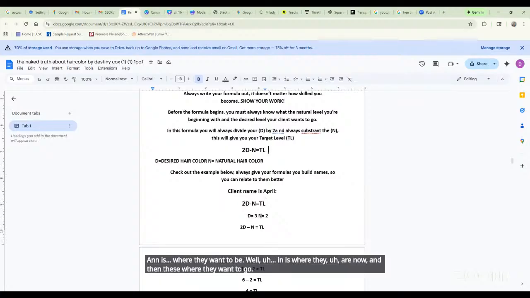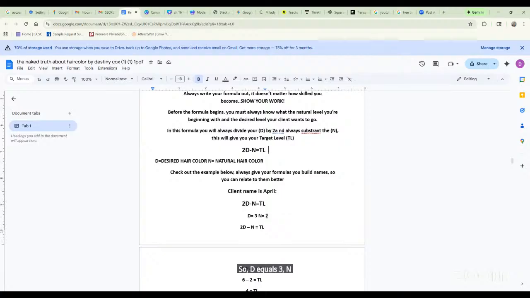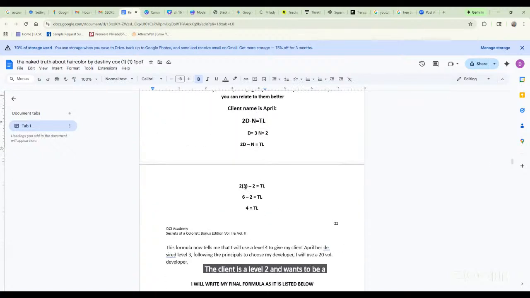So D equals 3, N equals 2. So the client is a level 2 and wants to be a level 3. 2D, so 2 times 3 is 6. Bring down your N, 2. 2 represents where she is now. 6 minus 2 is 4. So you go to your cabinet and get the target level 4.